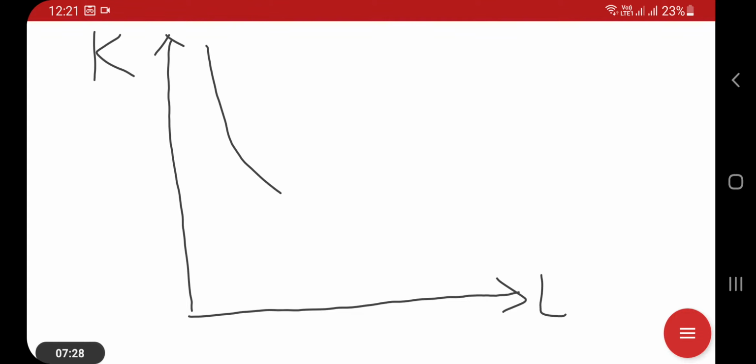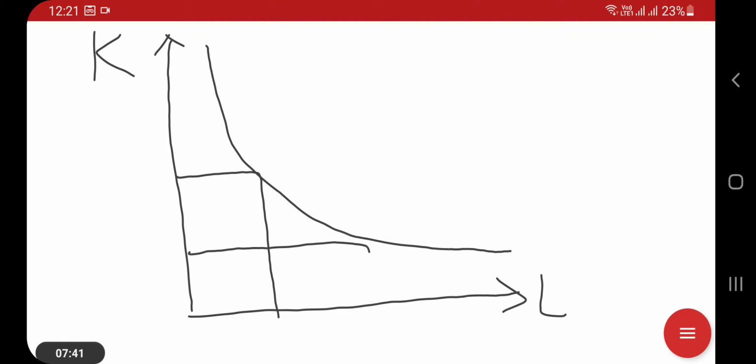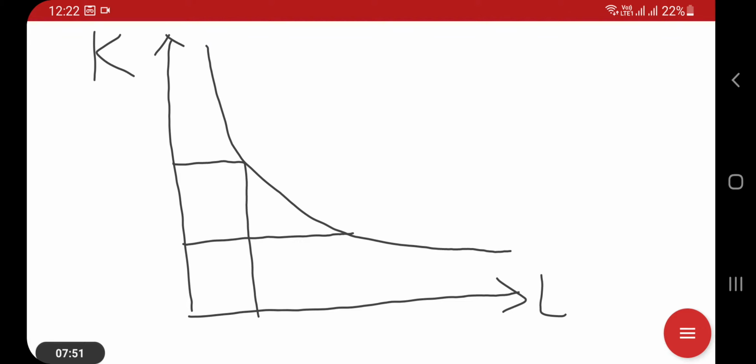The production indifference curve will be like this.